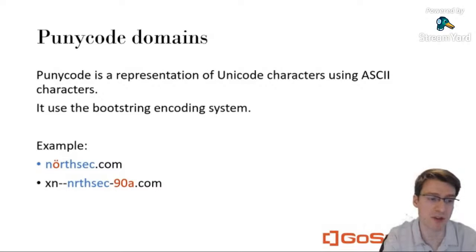It will start with xn--. Then the first part will be the ASCII characters, Latin characters, and then as a suffix, this will be the bootstring system that will define at what position we are inserting a special Unicode character.